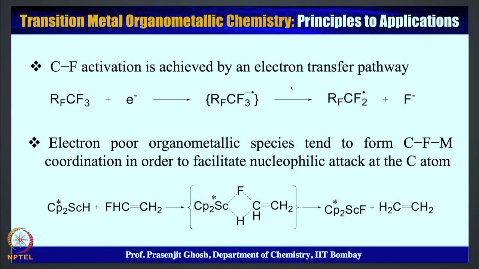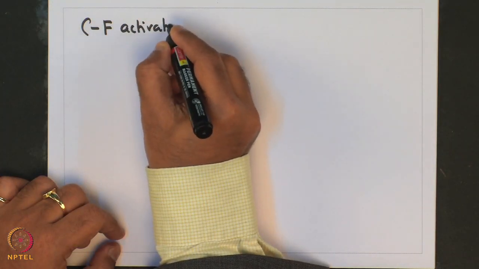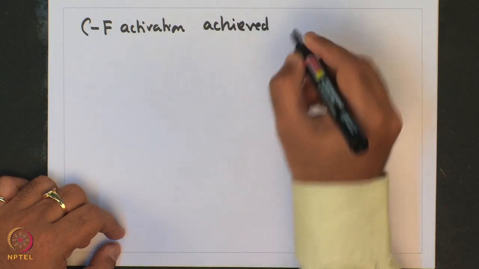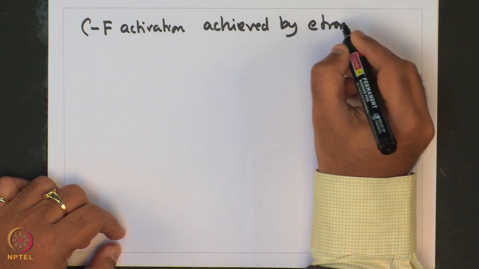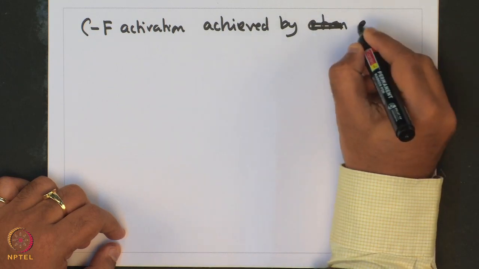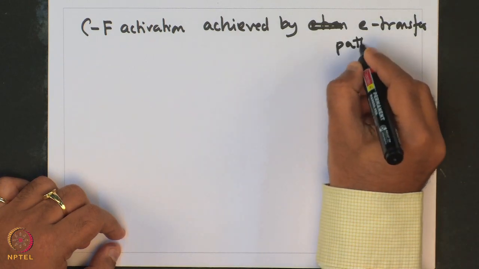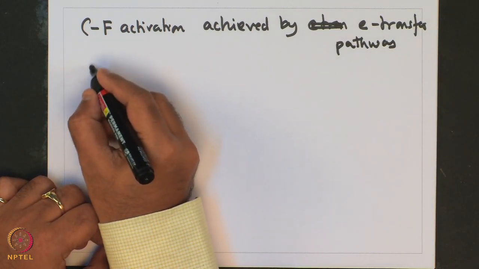And one such strategy that is in place is achieving CF bond activation by electron transfer pathway. This is illustrated in the following example.